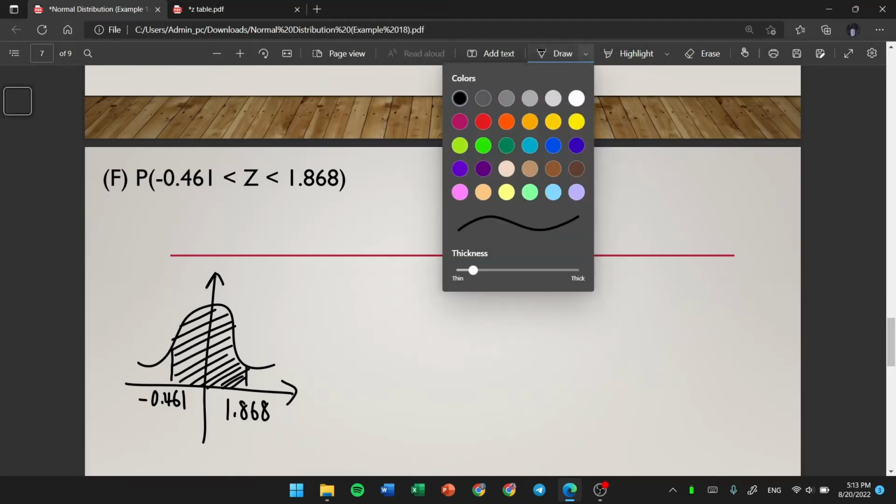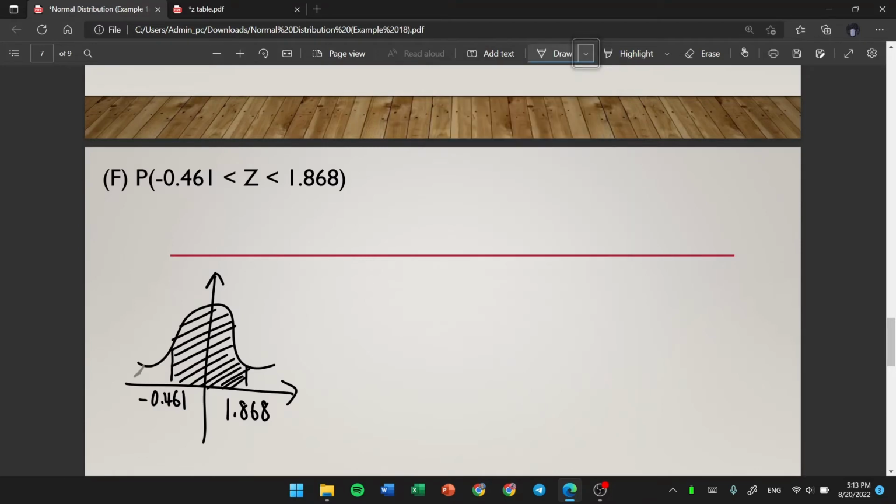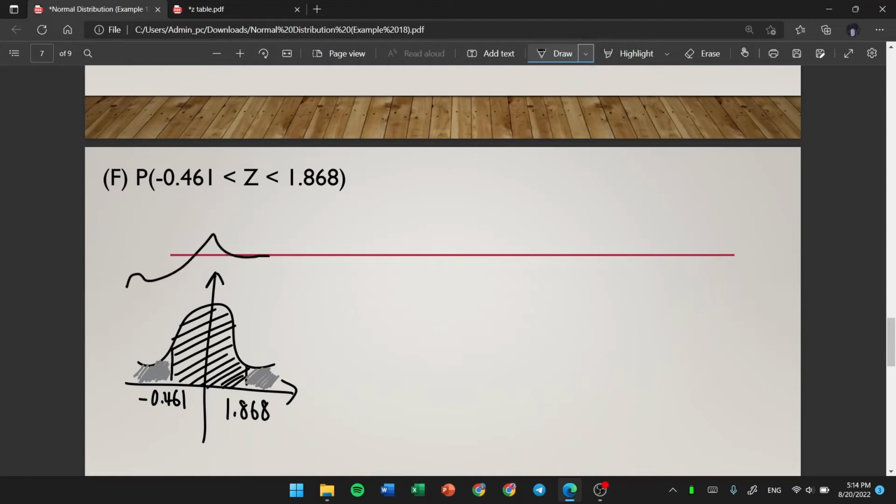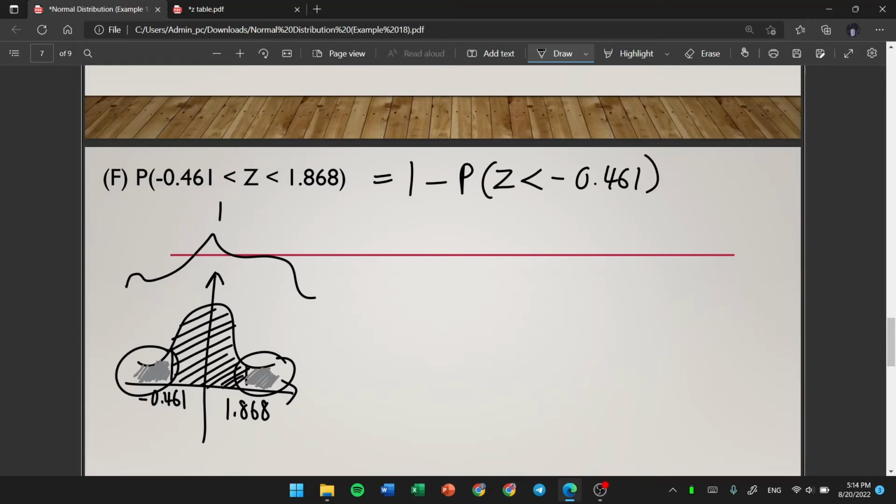So we minus what? We take 1 minus these two gray areas. Can you see that? 1 is the whole graph. Then we subtract the gray areas on both sides to find the middle shaded area. So we get 1 minus P Z less than negative 0.461, minus P Z greater than 1.868.